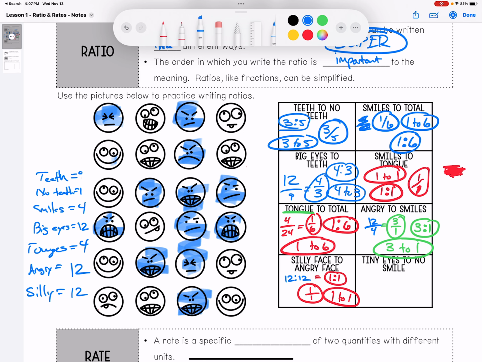So there's 12 small eyes, tiny eyes. And then no smiles was 20, right?